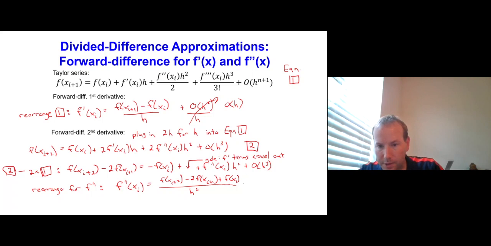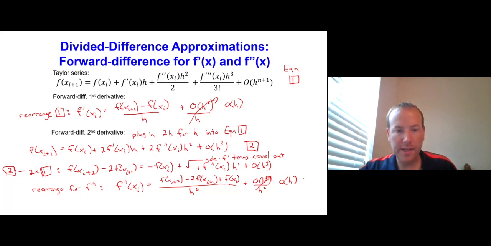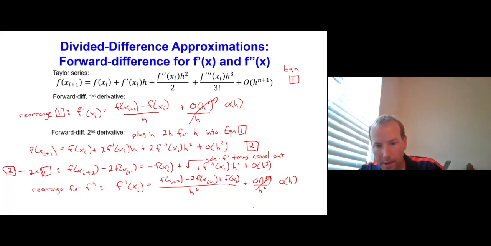And overall, because we're dividing through by h squared, this was O of h cubed, but then divided by h squared, this is on the order of h. Okay, so this gave us a nice little formula for computing the second derivative of a function when we don't even know the function itself. We can just compute from data points right there.